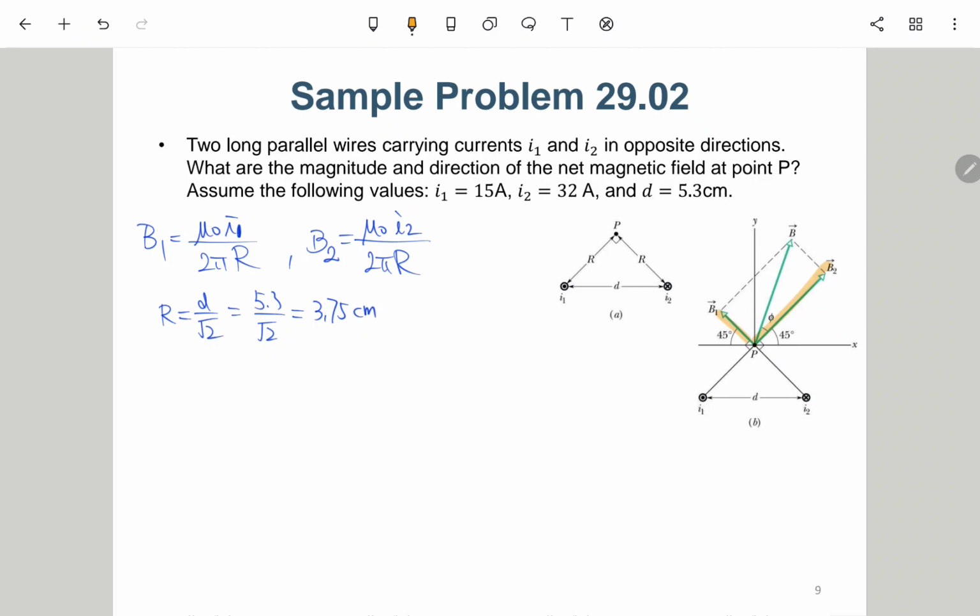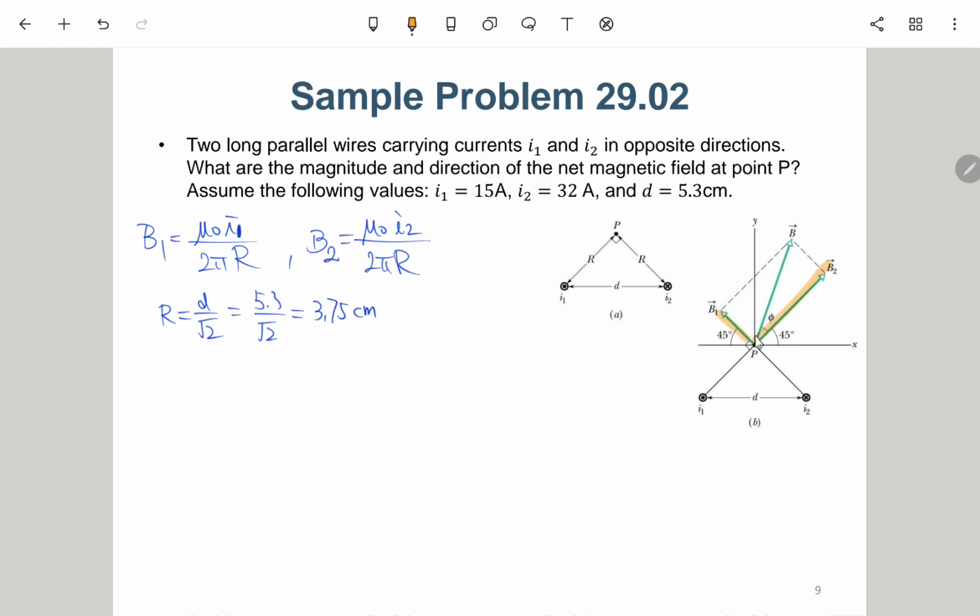So you use your thumb pointing out of the page, and your fingers at this point P will point to the top left for B1. And then I2 is pointing into the page. So you use your thumb pointing into the page, and then your forefinger at point P will be pointing to the top right. Okay, that's shown here. So B1 points to this side, B2 points to this side.